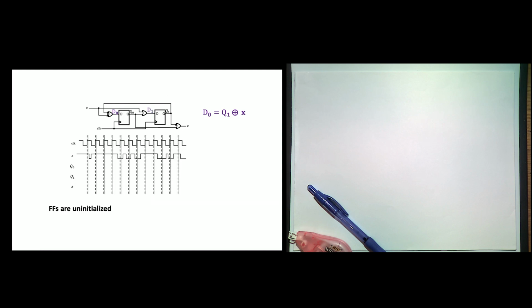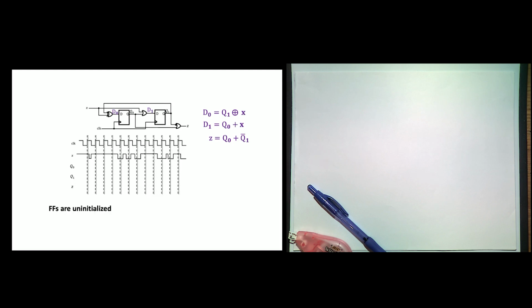D1 is the input of the flip-flop that holds Q1, and D1 is a plain OR of Q0 and X. And Z here is an OR as well. It's the OR of Q0 and not Q1.